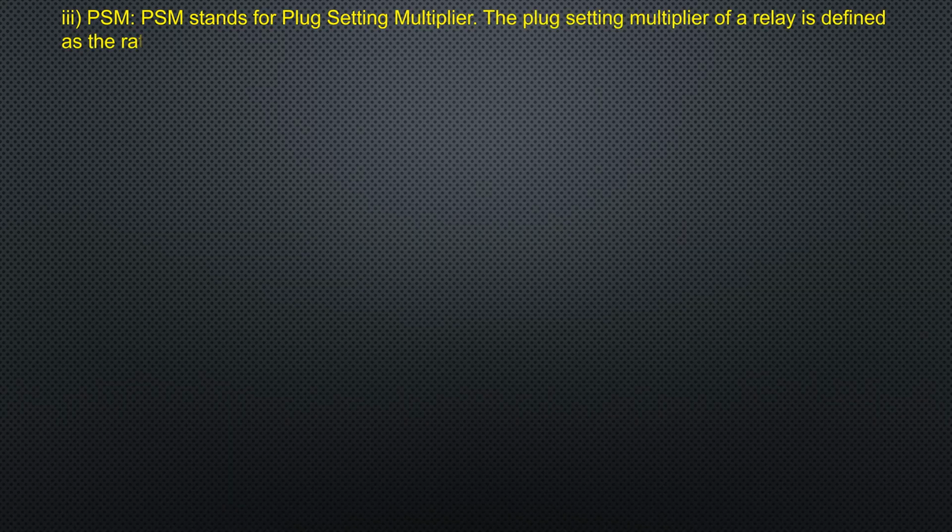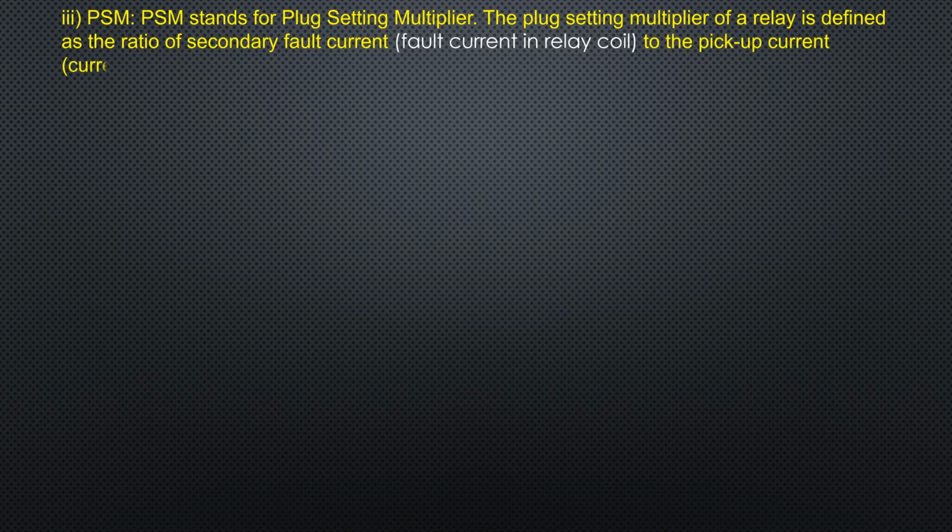PSM. PSM stands for plug setting multiplier. The plug setting multiplier of a relay is defined as the ratio of secondary fault current in relay coil to the pickup current setting. So, PSM is equal to secondary fault current by relay current setting.